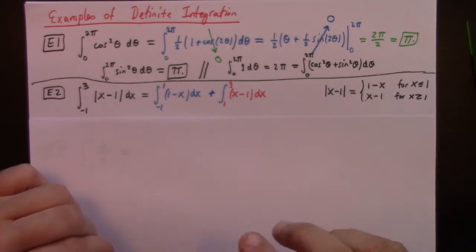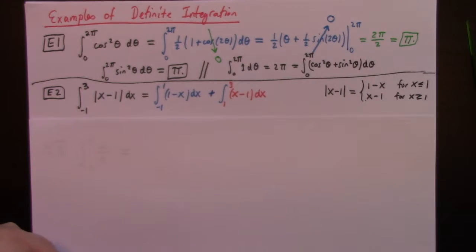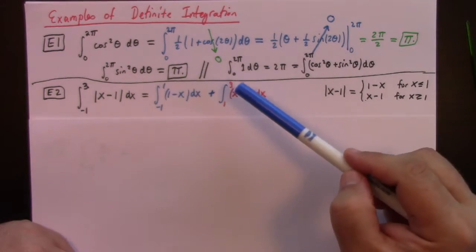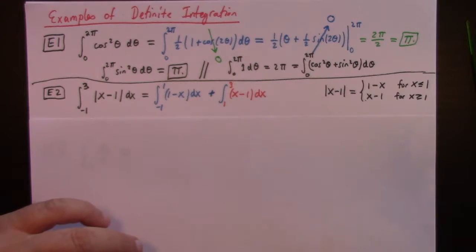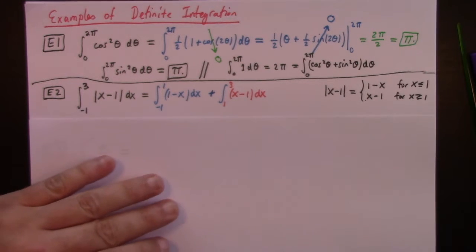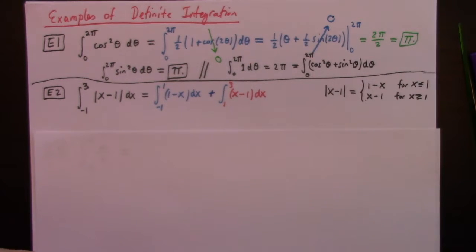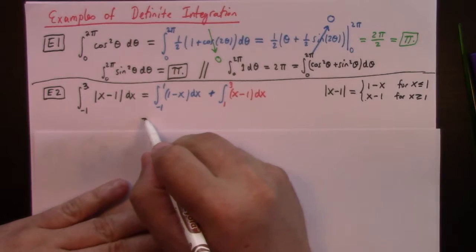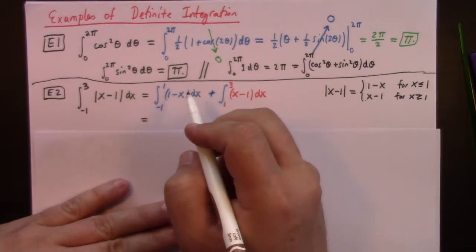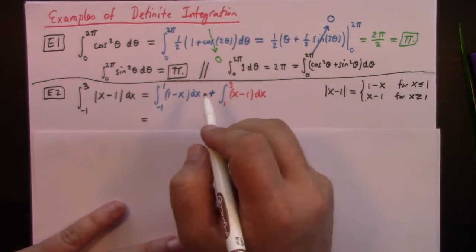Now, in this particular case, that's length 2, that's also length 2. These might even be the same shape, just shifted about. But anyway, I'll just do the calculation and not try to be clever here. But you've got to be aware that if it's piecewise defined, you might have to break it up into pieces, short of some other insight.